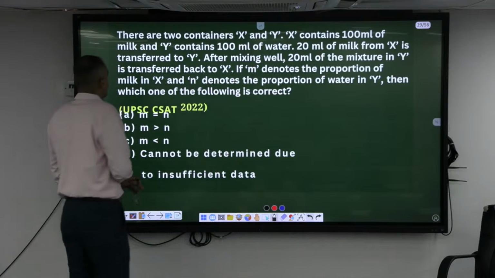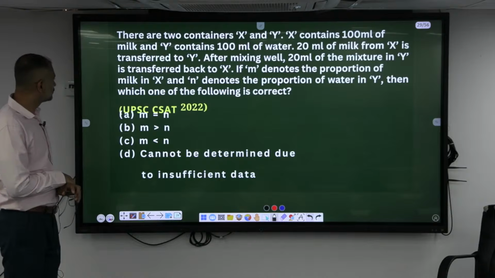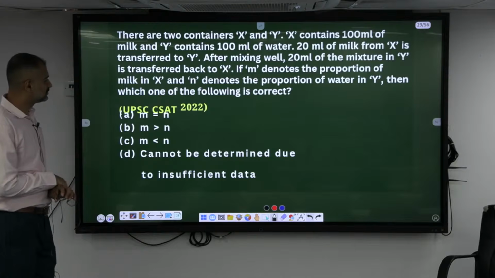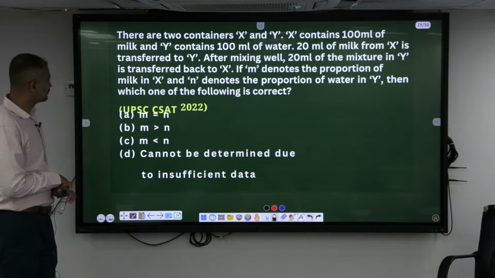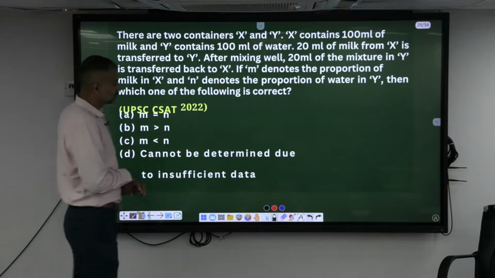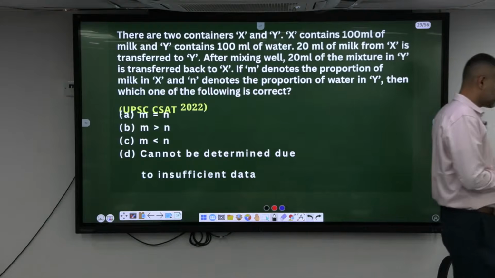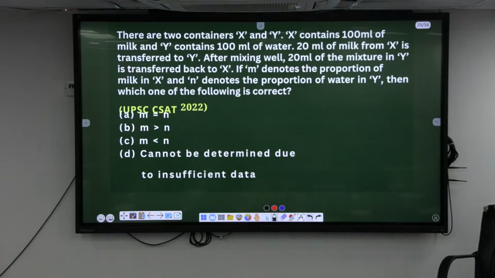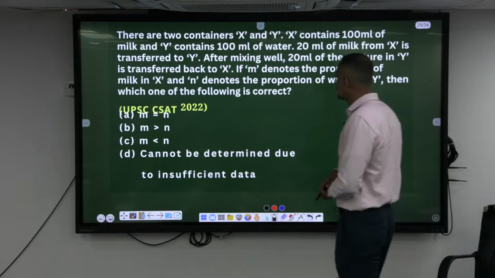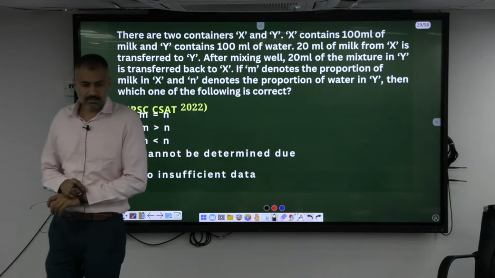X contains 100 ml of milk and Y contains 100 ml of water. Little bit lengthier side, that's it, but doable one. Okay, you have to do the addition, subtraction.